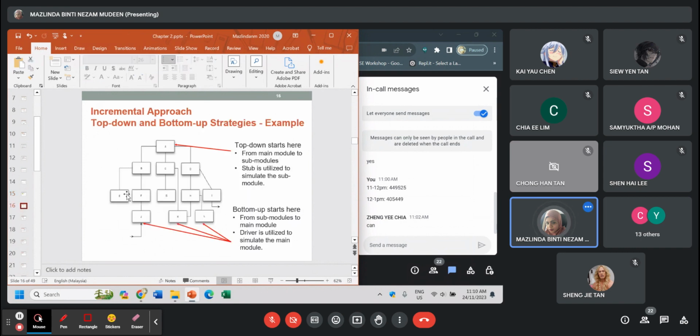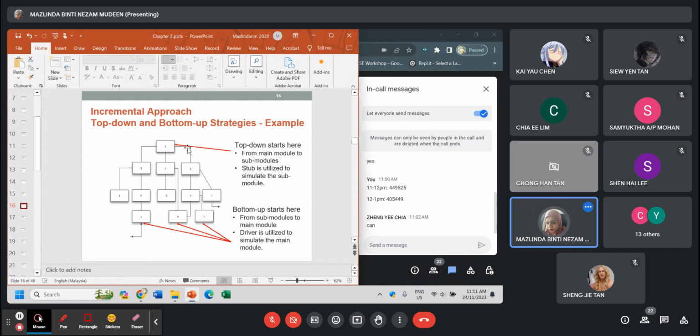Let's assume this is the hierarchy of a software. A is the highest one, and J, K, L is the lowest level. So we have 4 different levels here. When we say top to down, it means we start from the highest level, which is A, or we can call it the main module, and move down to the sub modules until the last terminal module.